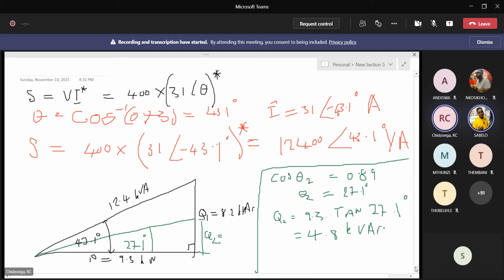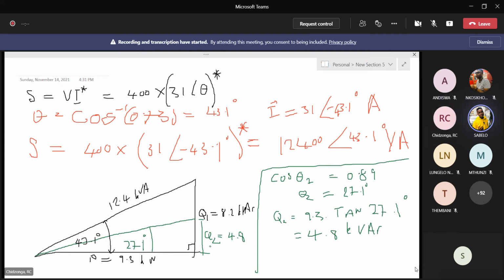Before we move, this distance here is 4.8 kilovars. Your question now, I think it is answered: if you want to improve the power factor, we have to decrease the angle.